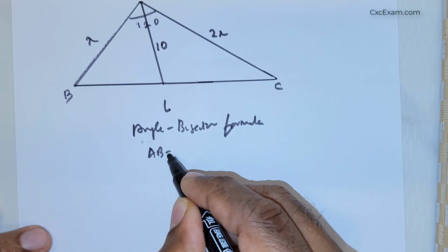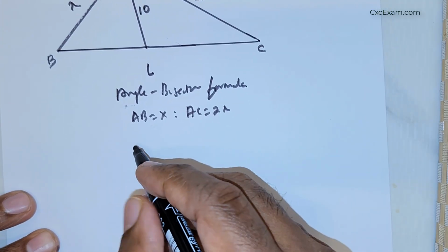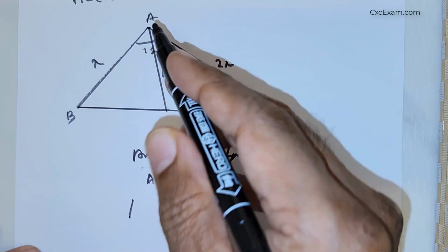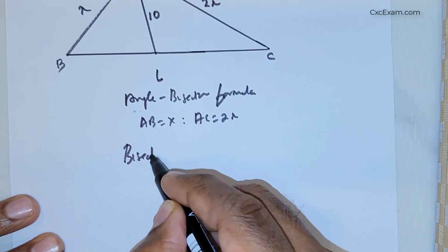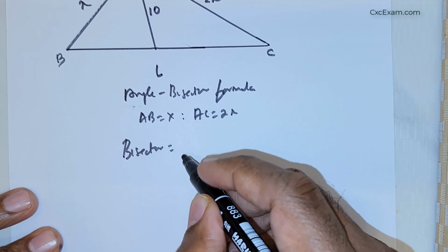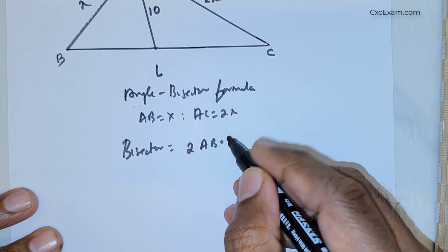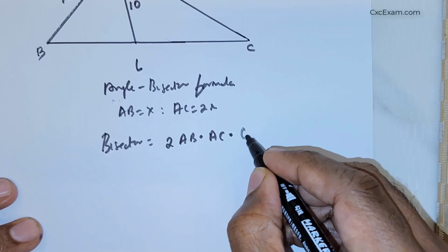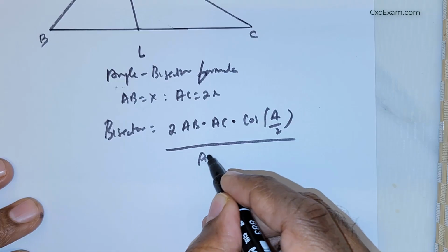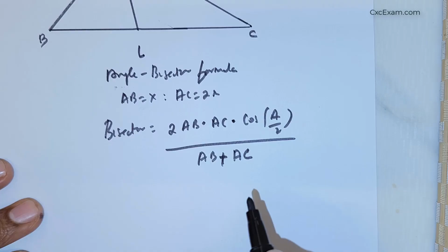So from the figure, AB is equal to x, AC is equal to 2 times x. The formula associated with the bisector is as follows: 2 times AB multiplied with AC times cos of the angle A over 2, divided by AB plus AC.